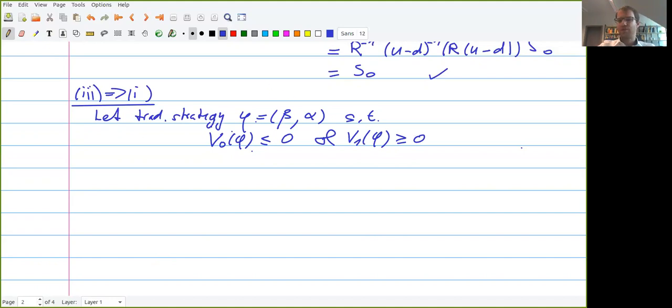So this is what we have to fulfill. And this always exists by taking the zero trading strategy. But now to have an arbitrage, we need that with positive probability, the terminal value is strictly positive. So what we want to show is that this cannot be the case, because then there can't be an arbitrage opportunity.